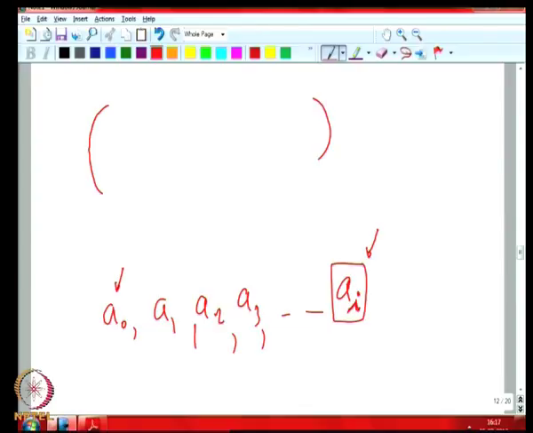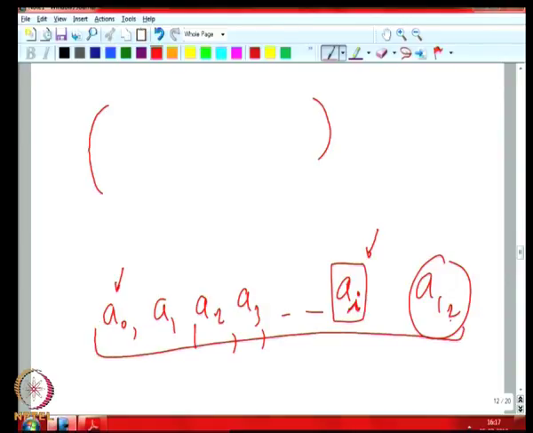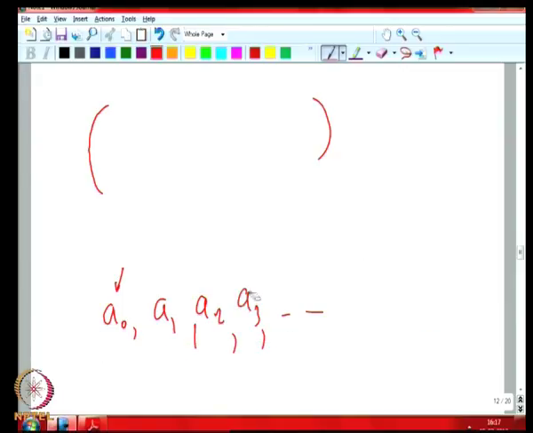So, we will be interested in A12. We will get an exponential generating function for this sequence, so that we can look for the coefficient of x raised to 12 by 12 factorial for the answer.